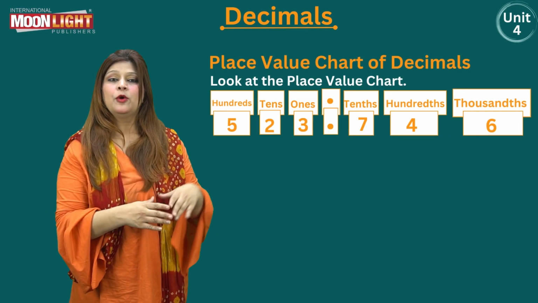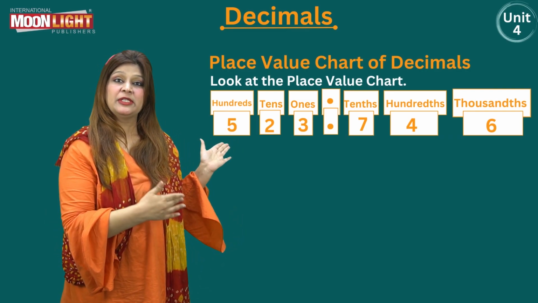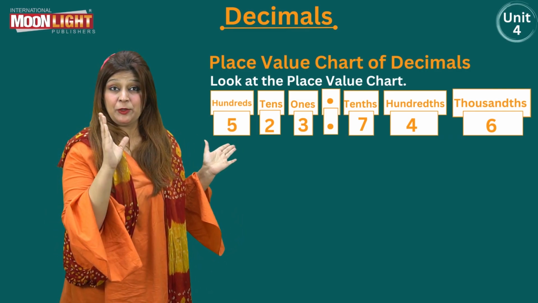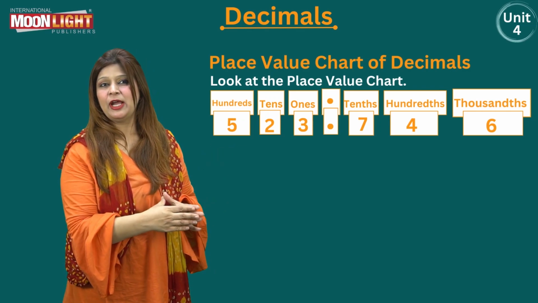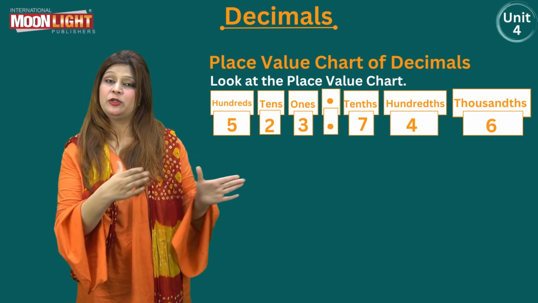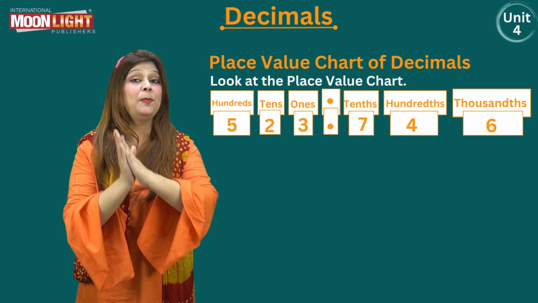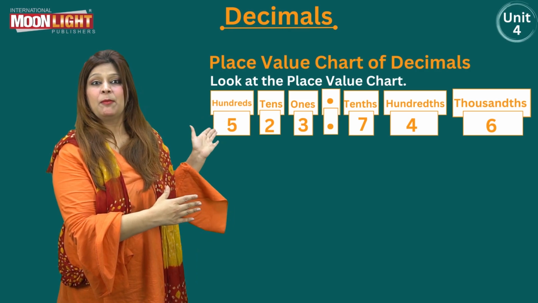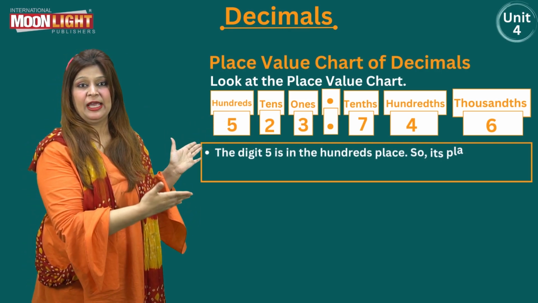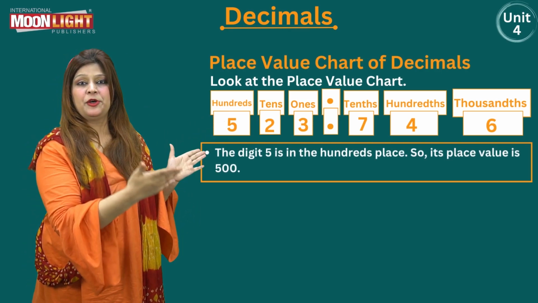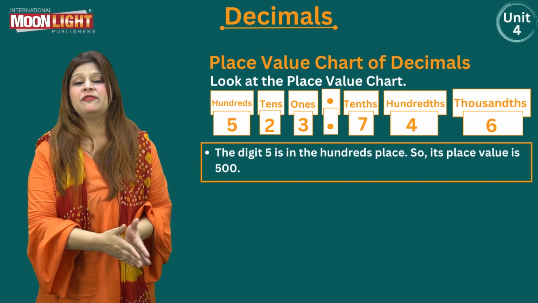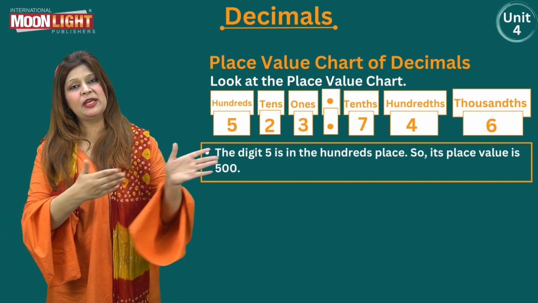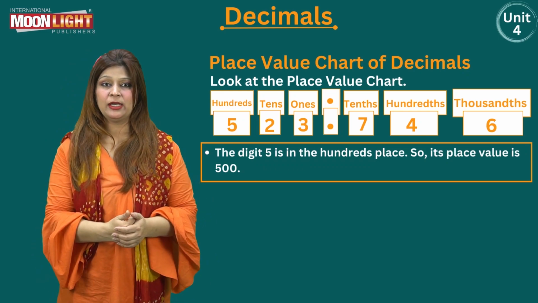Now we are going to write these numbers in expanded form as well. If you don't know that, we are going to use the place value chart. According to the place value chart, we can write the place values and values of the digits. The digit 5 is in the hundreds place, so the place value is 500. This is the same as we studied in unit 1.